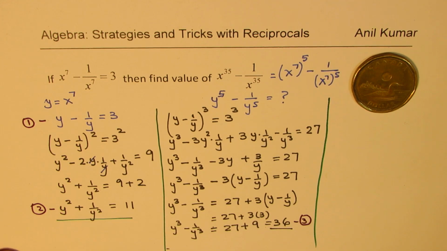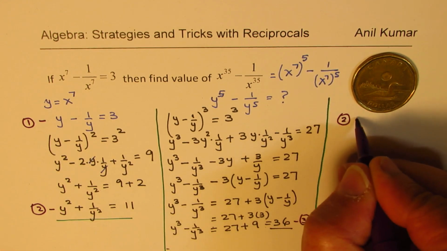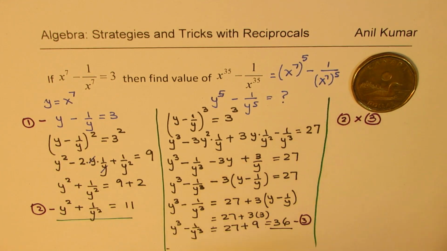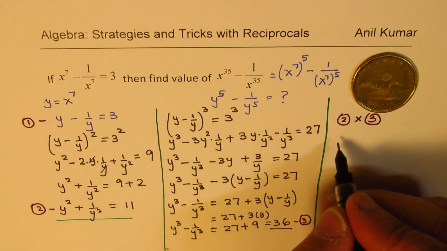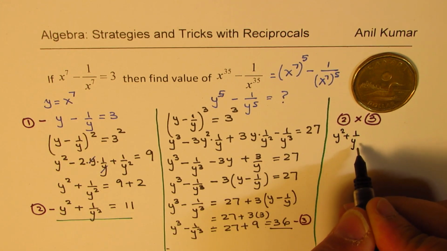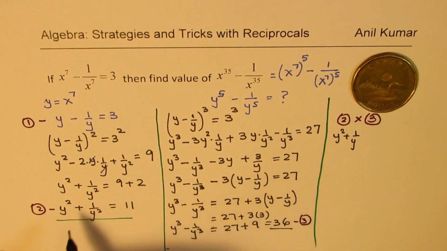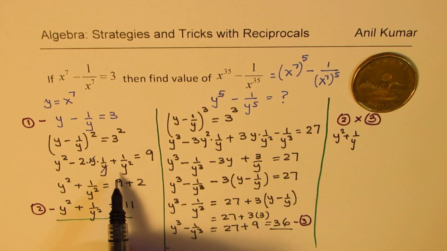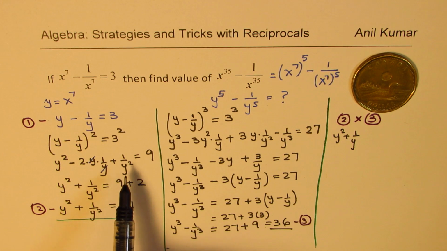Okay, so if I do equation 2 times equation 3, what do we get? So we have y square, let me rewrite this. We have y square plus 1 over y square. Was it plus or minus? Okay, so let's check this.